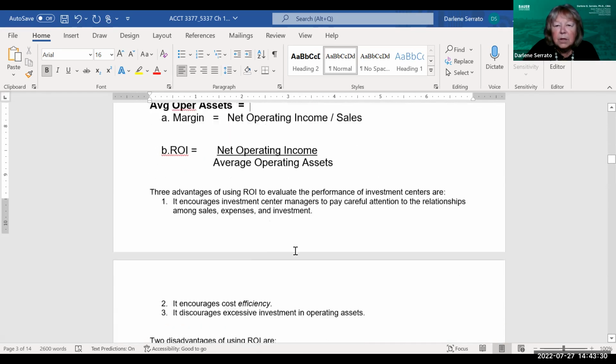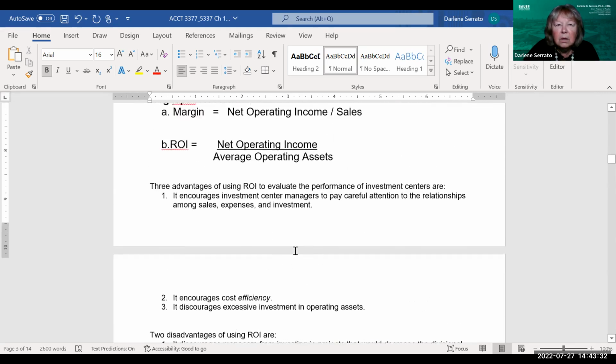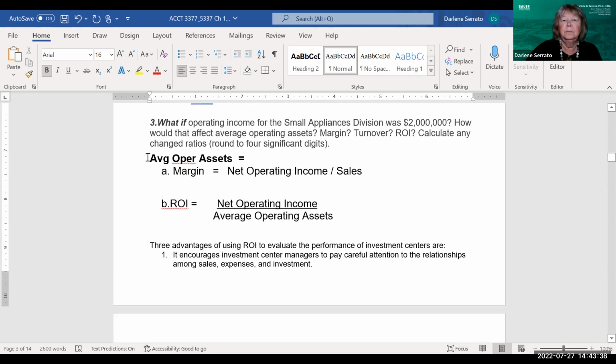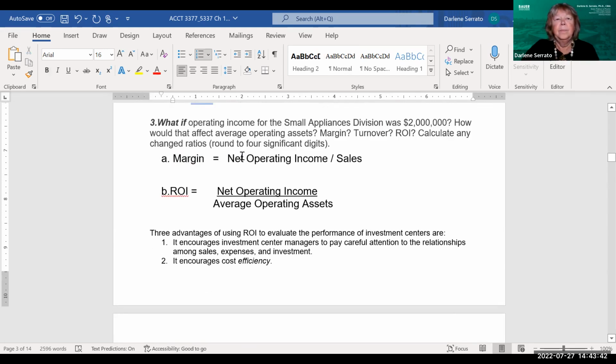Which one was 2 million? Oh, operating income, I'm sorry. How would that affect average operating assets? It wouldn't. Okay. How would it affect margin? Operating income is part of margin.